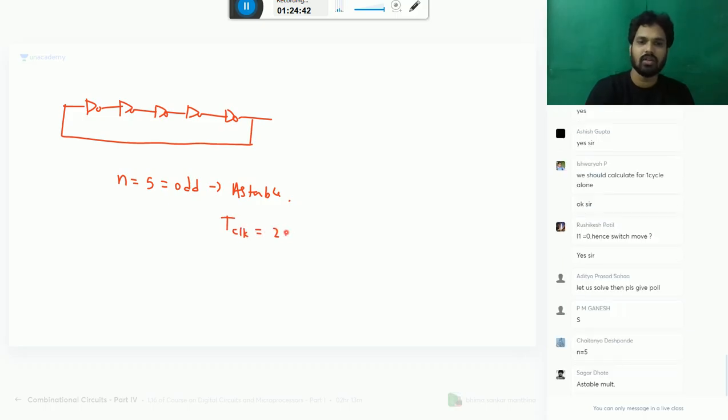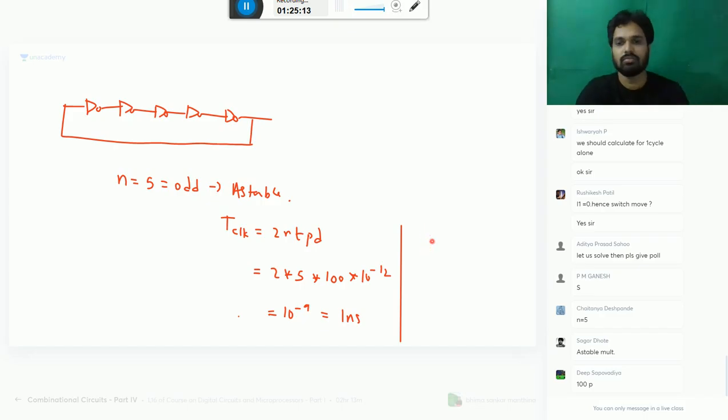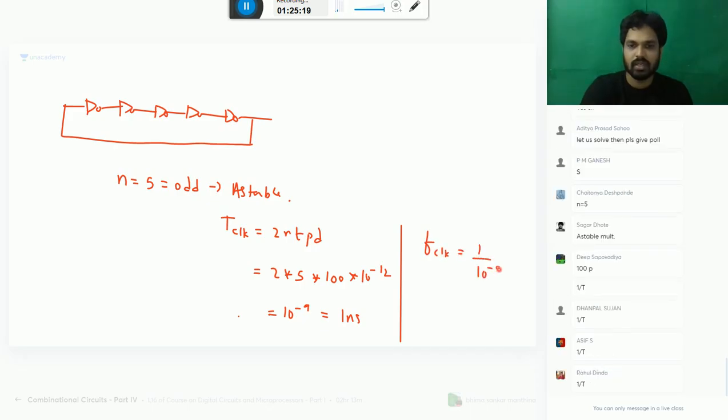Direct formula 2n TPD, which is 2 into 5 into 10 power minus 12, into 100, no? 100 picoseconds. 100 into 10 power minus 12, which is 10 power minus 9, 1 nanosecond. Now what is the frequency? The frequency f is equal to 1 by 10 power minus 9, which is 10 power 9, 1 gigahertz.